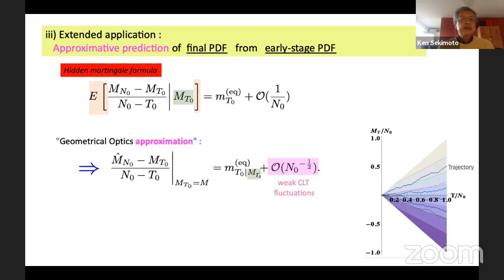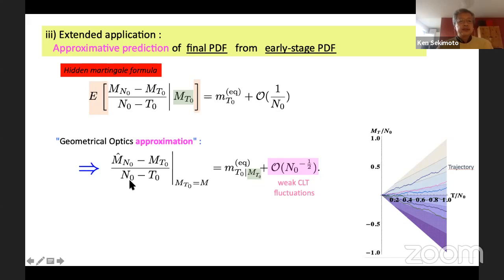Now, borrowing the idea of geometrical optics approximation, we can remove this expectation just by allowing for some fluctuation or stochastic errors, which evolve in the sense of weak central limit theorem fluctuations, only the inverse square root of the system size.